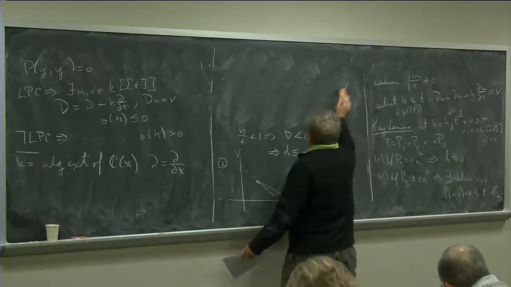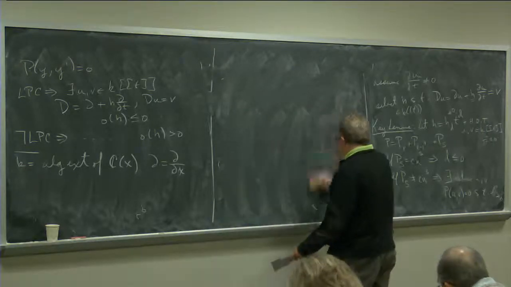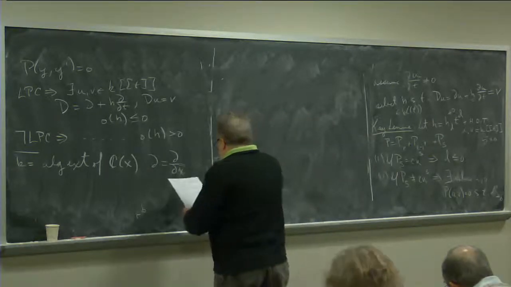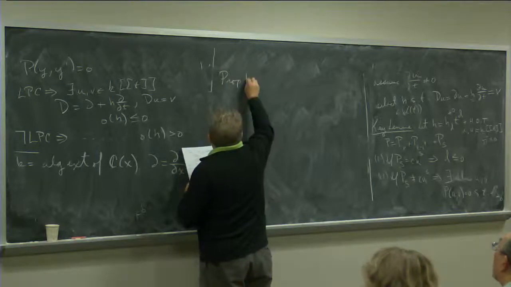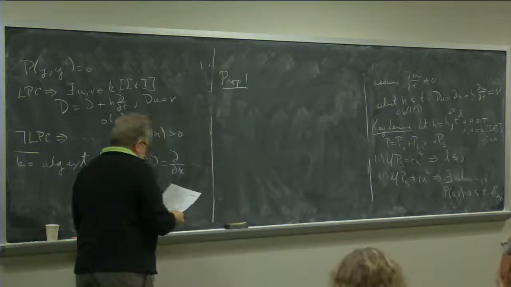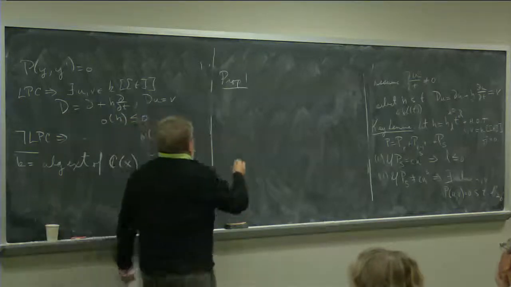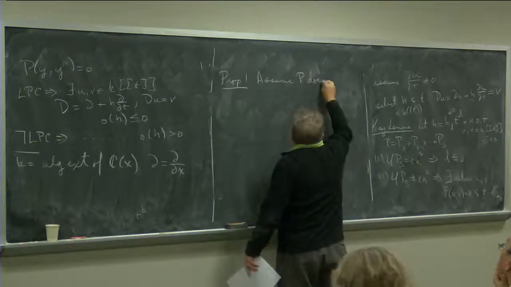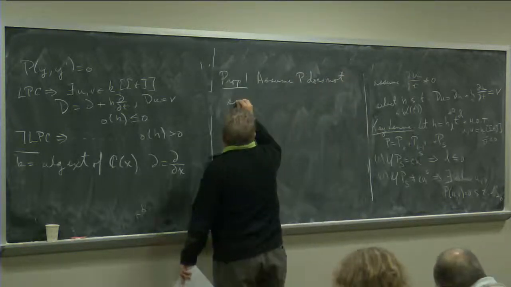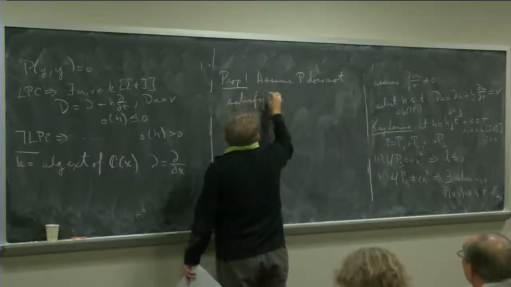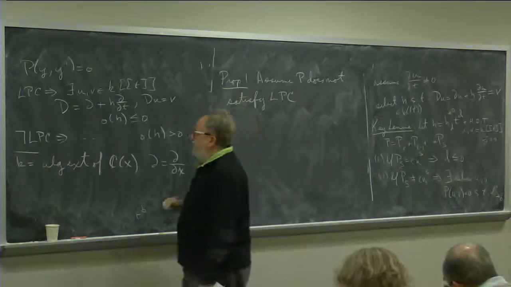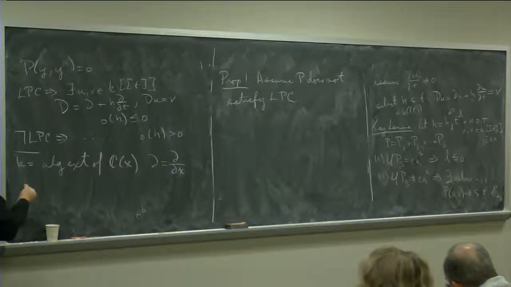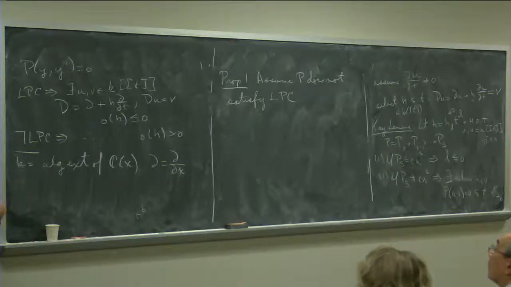Let me state the first proposition. Assume that P does not satisfy the low power condition, that is, there's something involved that doesn't just involve y.